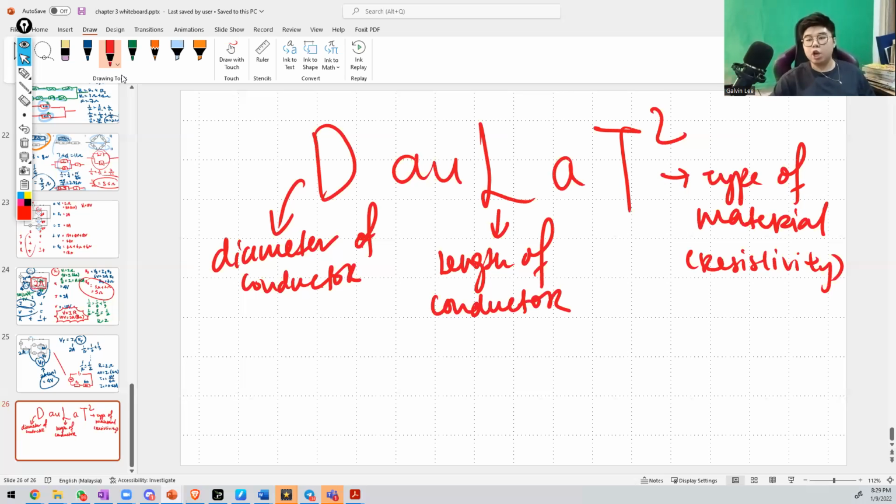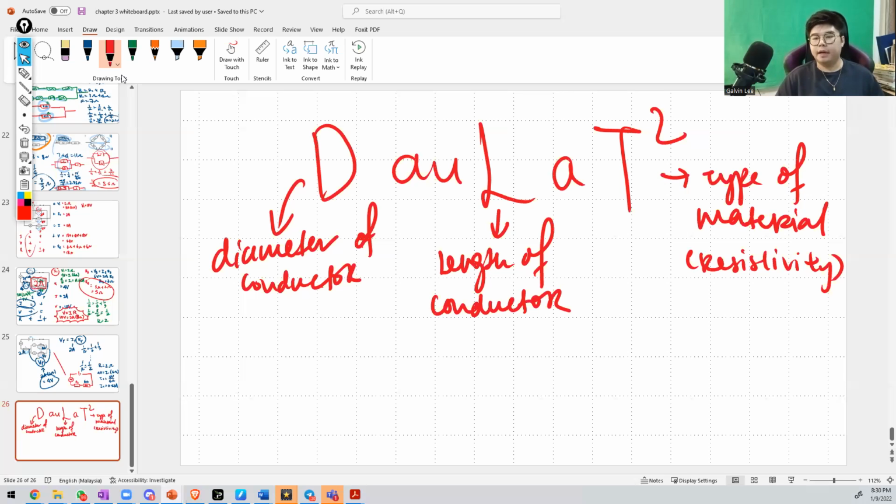Okay, copper, aluminium, iron, lead, tin, zinc. They are fixed. Every conductor has a fixed resistivity. There is a value, there is a unit for us to know what is the resistivity of the material. Depending on what you are trying to do with the wire, you will use different material to make it.